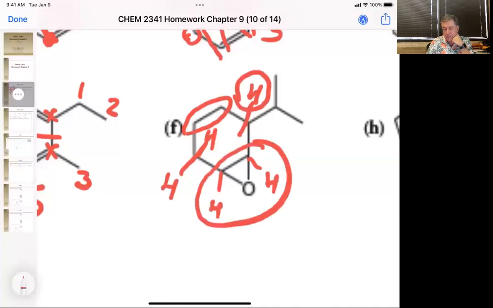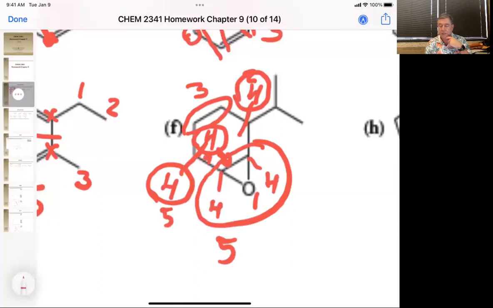This is going to give one signal because it's different than everything else. This one is going to give a different signal because it can see the oxygen through space. This one's going to give a different signal because it's going to see the hydrogen through space. So we have 1, 2, 3, 4, 5. I think we're going to have 5 peaks in that spectrum.